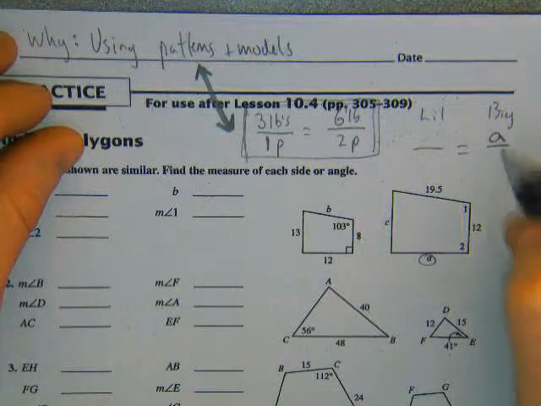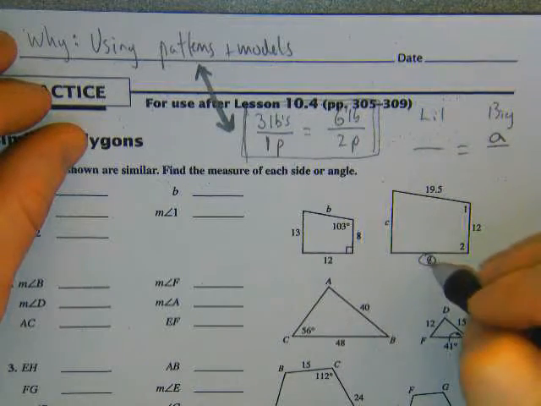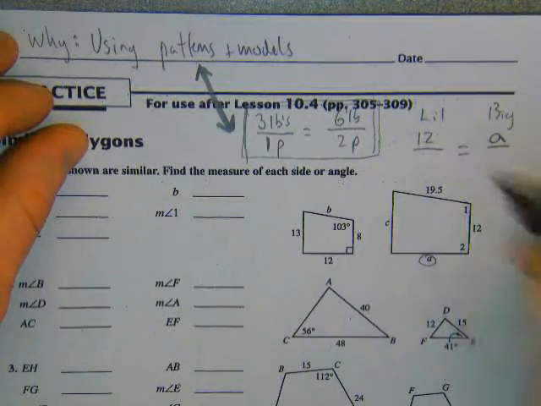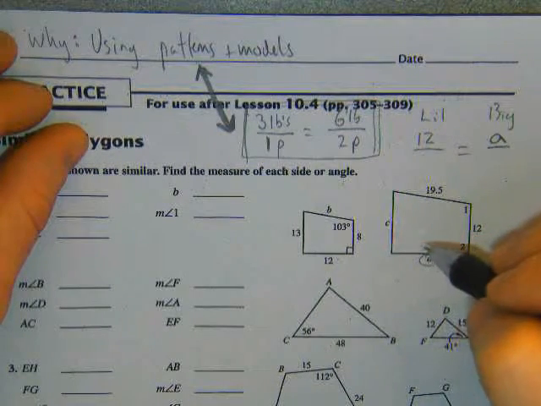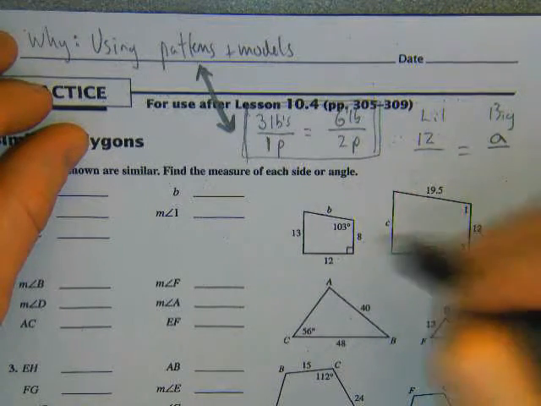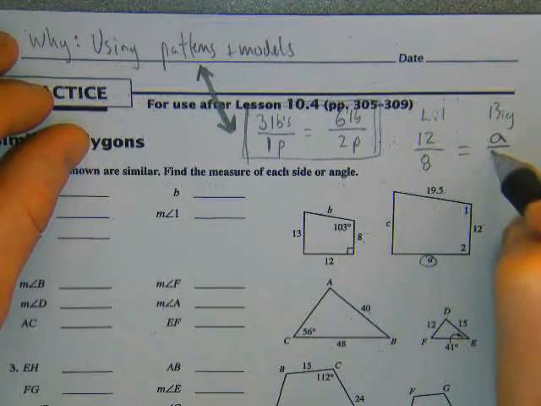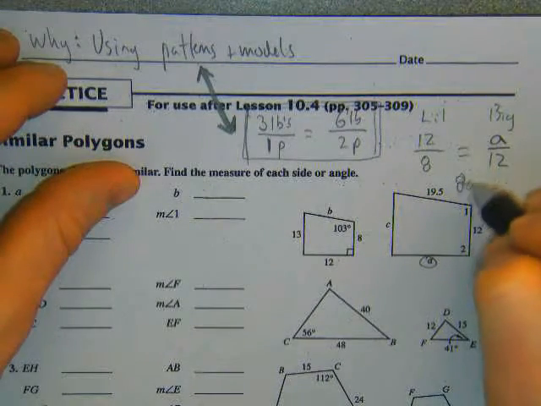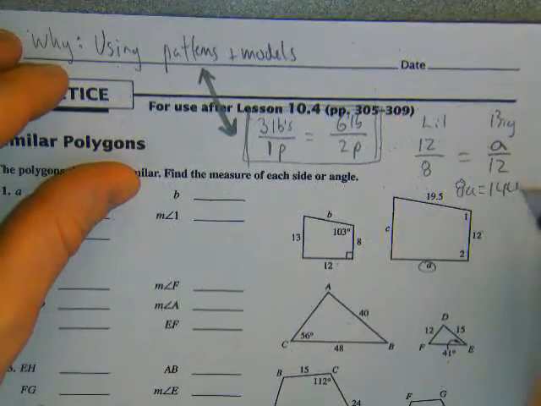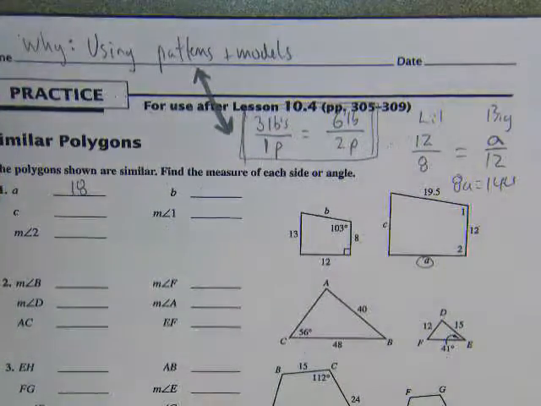It doesn't matter whether you put it on top or bottom, you just have to get it to match. So A matches with 12. Then we need another one, and the only one we really have is 8 to 12. So 8A is 144, A is 18.